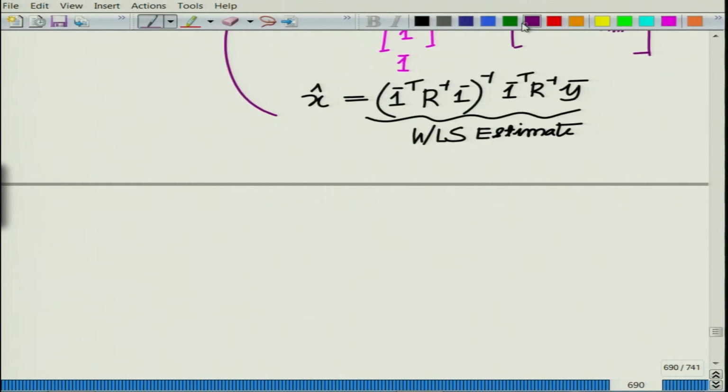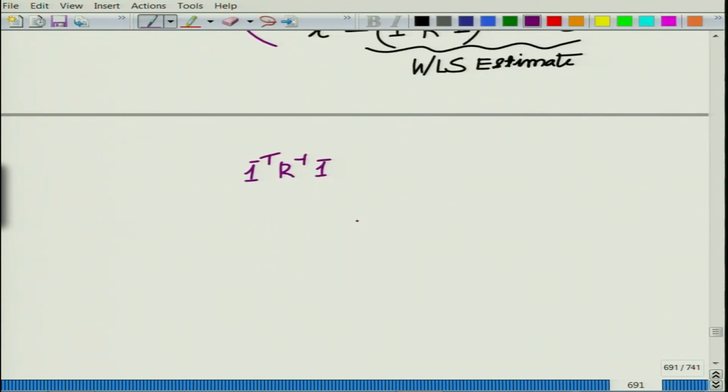Let us simplify these quantities. Now, 1 bar transpose R inverse 1 bar, it is not very difficult to see what this quantity is going to be. 1 bar transpose is your row vector of all ones.